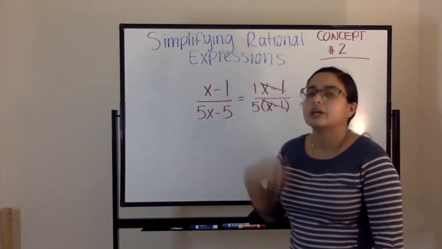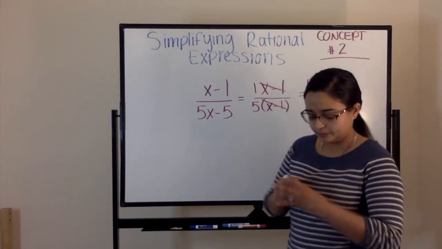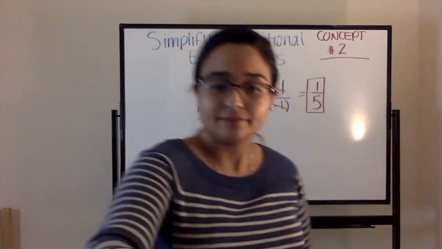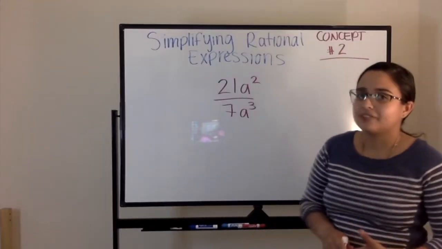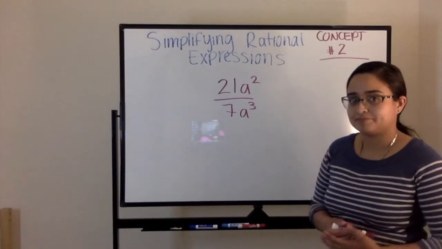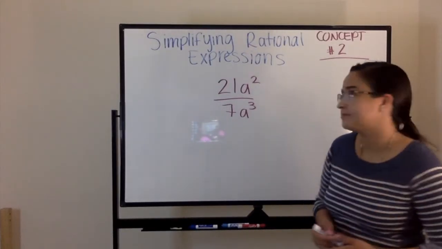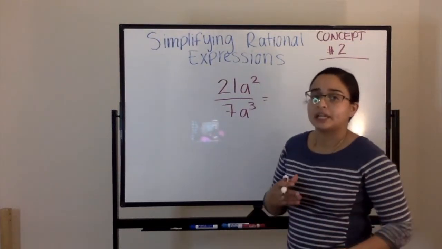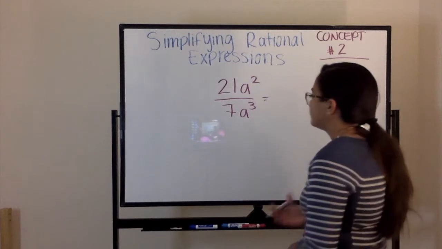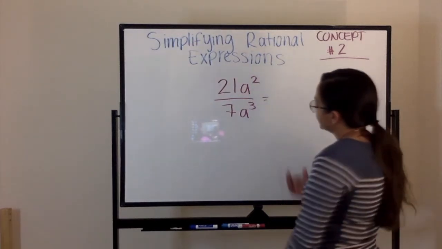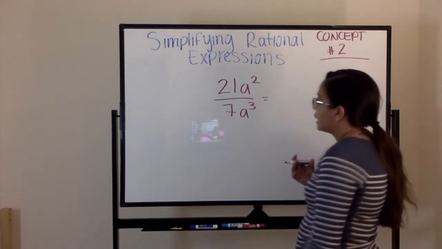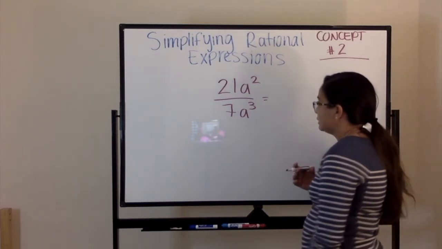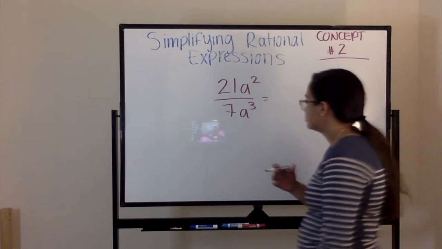Let's go over another example. Now let's say I have an example like this. A little different, right? I'm going to start again with my numerator and factor that out. I can factor out a 3.